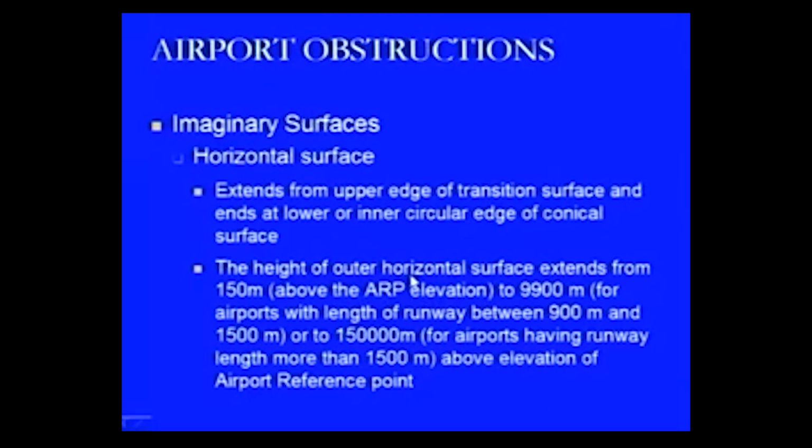Now, we look at the horizontal surface. This horizontal surface extends from the upper edge of the transition surface, and it ends at the lower or inner circular edge of the conical surface, because just after the horizontal surface, the conical surface is starting.